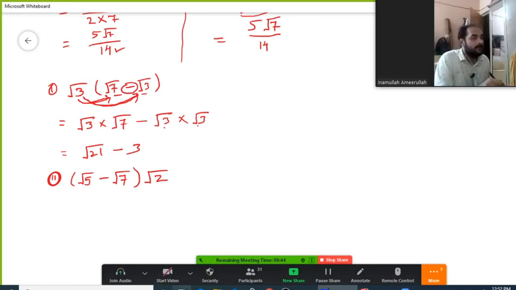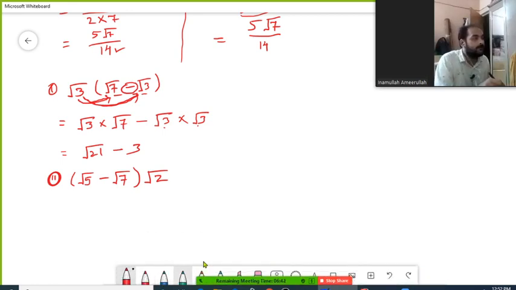Again, what I'll do, I'll multiply this root 2 with root 5, as well as this root 2 will multiply with this root 7.